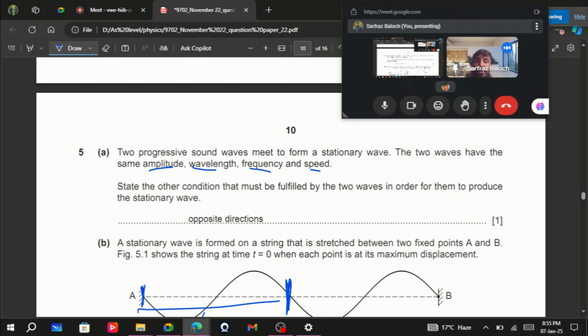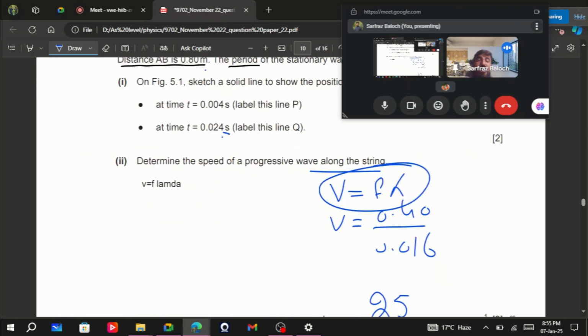This is the formula for speed of a wave, and you can use it for both light and waves. This formula is equally applicable for light and waves. When you are talking about light, you will use the speed of light. When you are talking about sound, you will use the speed of sound. And when you are talking about waves, you will use the speed of that wave.